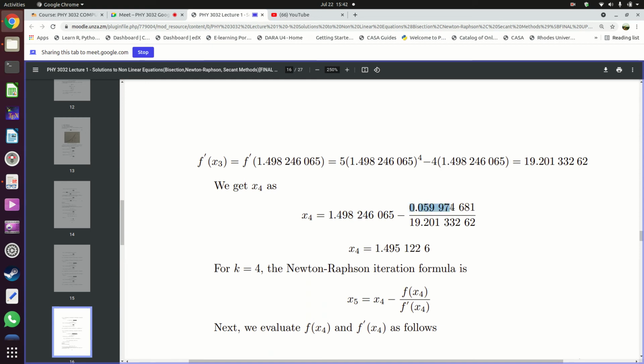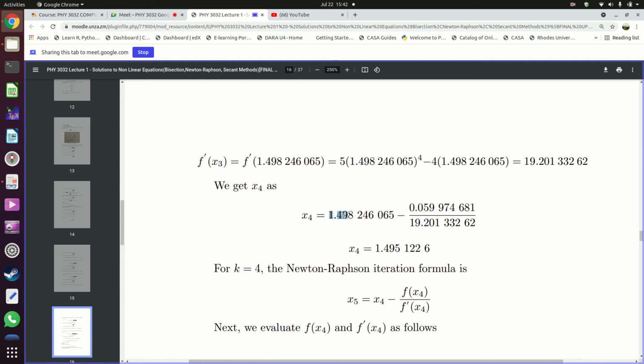Then you put in the value of the function there. Then you put in the value of the derivative at x3, like that. So you work out this division, divided by that. Then you subtract from this. Then you end up with x4 equal to 1.495126.